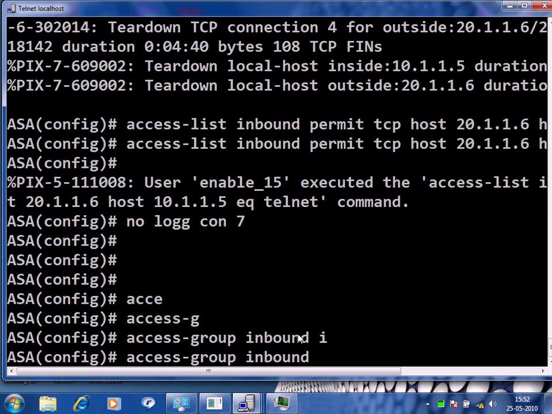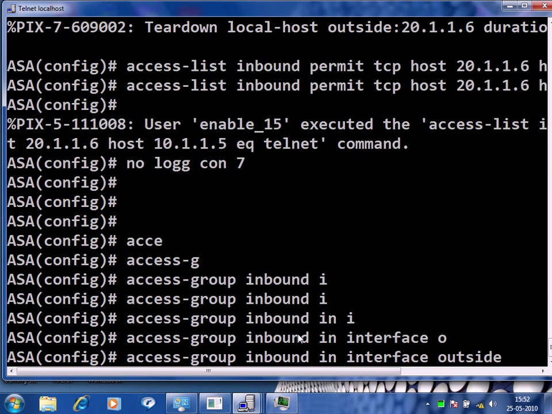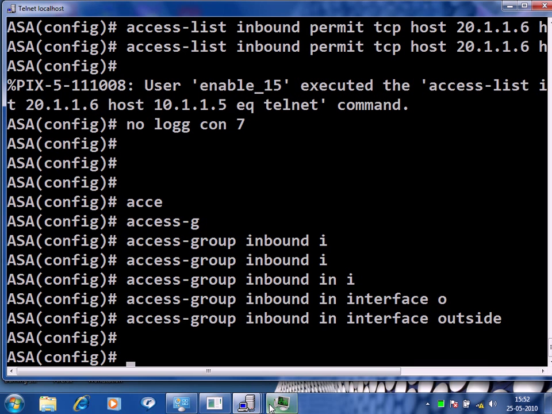What is the syntax of applying the access group on a router versus on an ASA? On a router it is IP access-group, name or number, and then direction. In a similar way, in ASA, it is access-group name, direction first and then interface. That is the difference. So inbound, interface outside. Done? Check it.